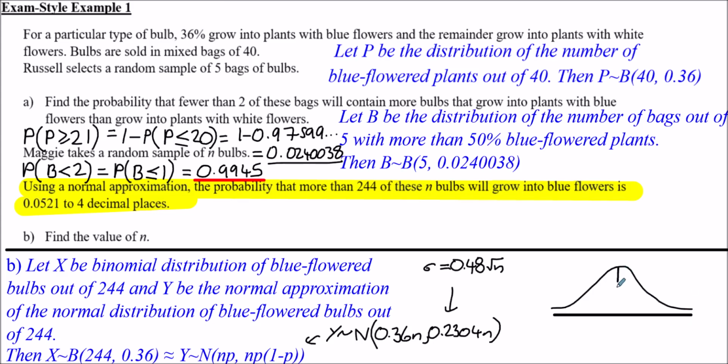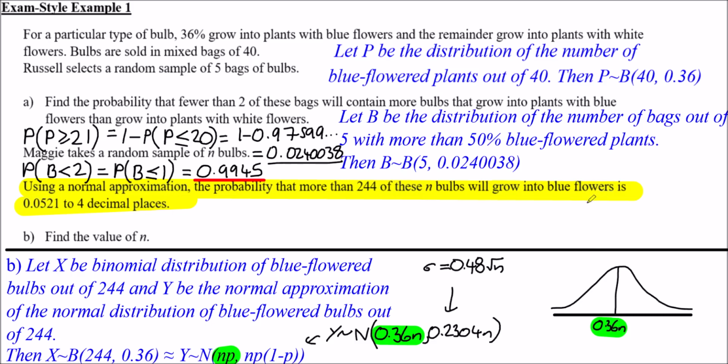The mean, which is NP, so the mean is 0.36n. So this is the mean. This is the variance. That's the standard deviation. So I'm wanting to find the proportion of more than 244 bulbs growing into blue flowers.